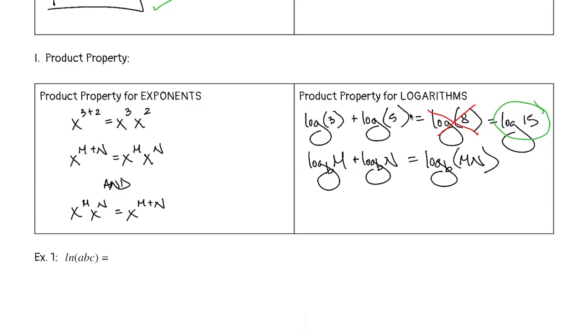So we're turning that addition into multiplication when we condense them. Now it means that the other way is true as well, that log base b of m times n equals log base b of m plus log base b of n.